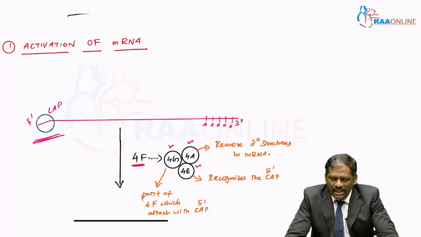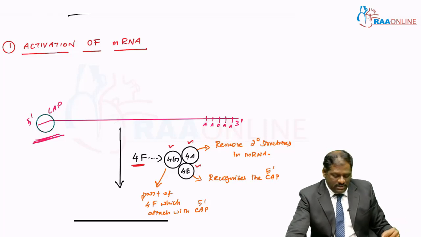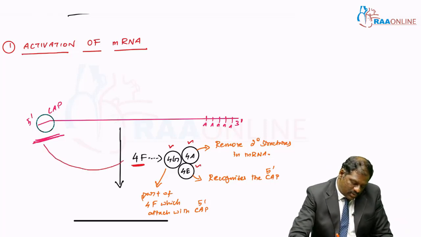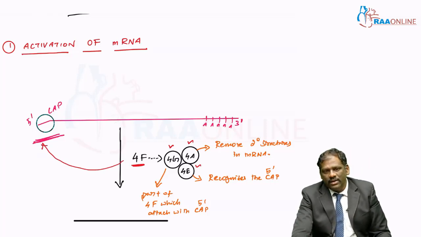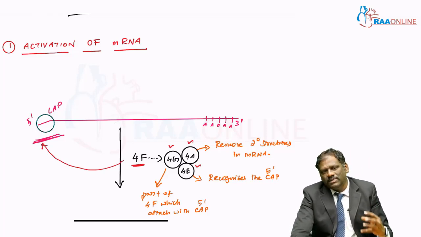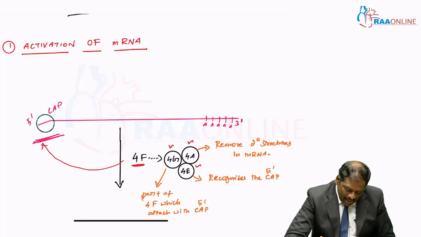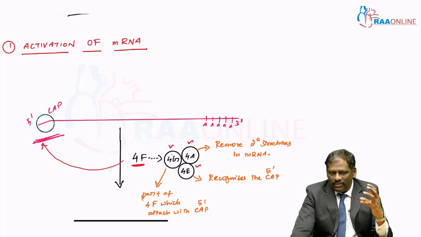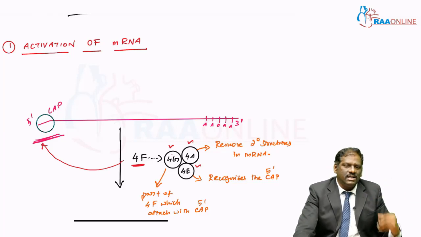The function of this 4F is to go and attach to the cap region. So effectively that attachment with the cap region is being carried out by your 4G. 4G is the one which is originally getting attached to that 5' 7-methyl guanylyl cap region.